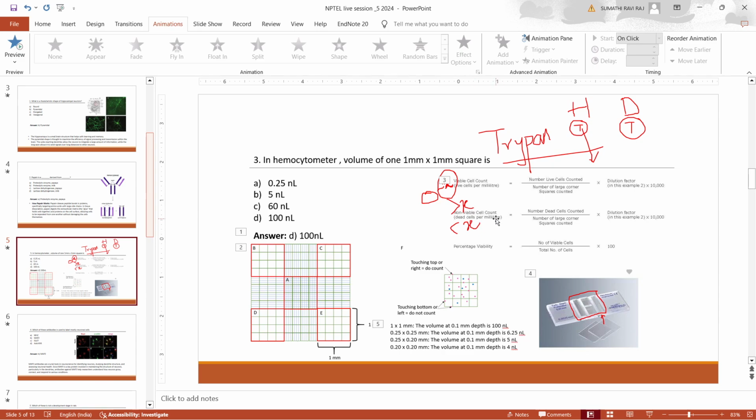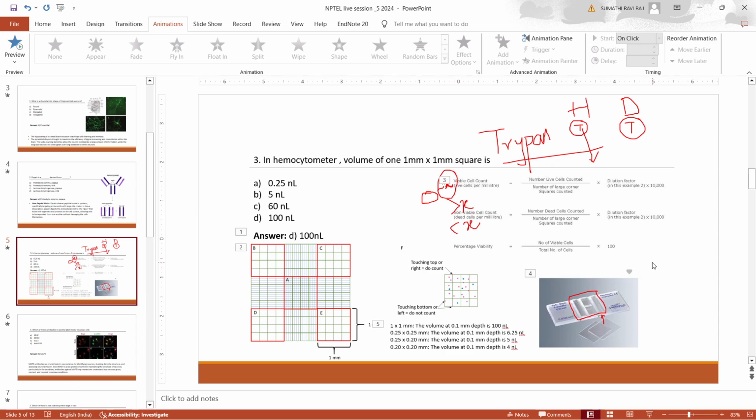And then same for non-viable: number of dead cells by number of large squares counted, and your dilution factor into 10 power 4.